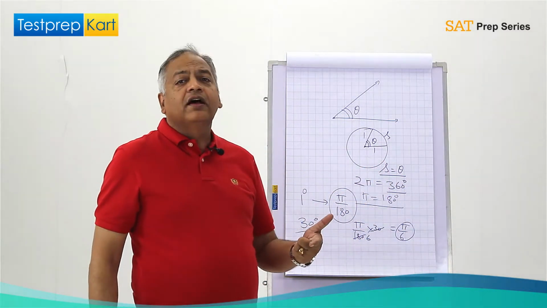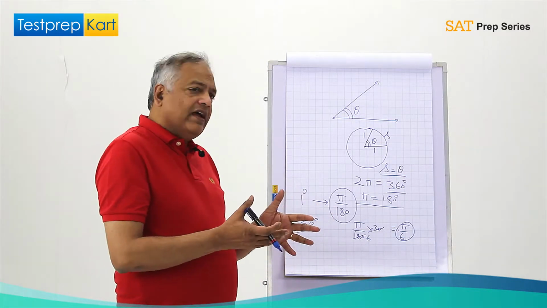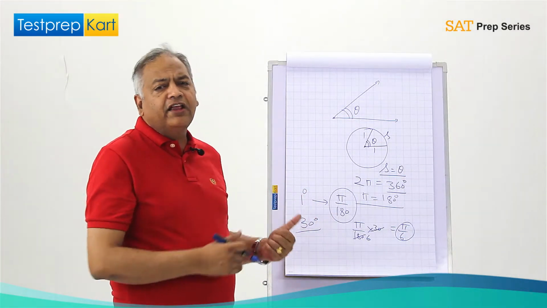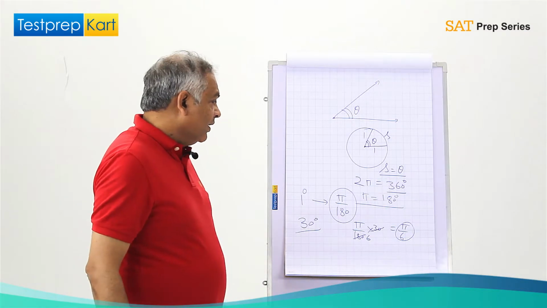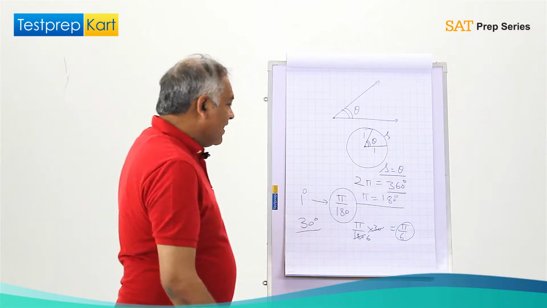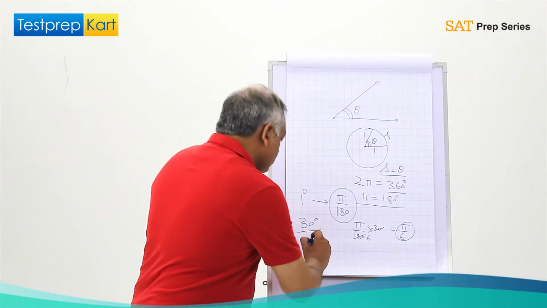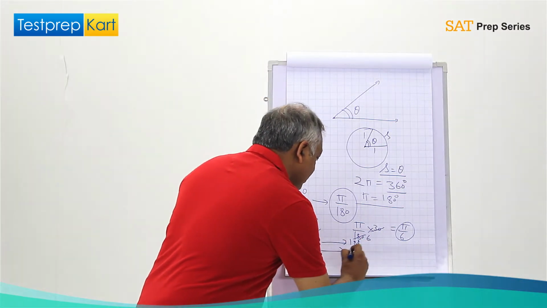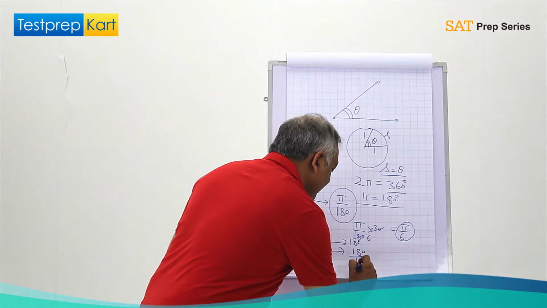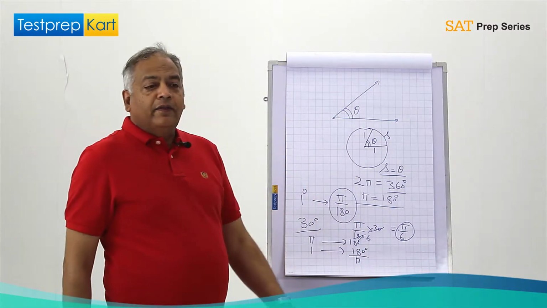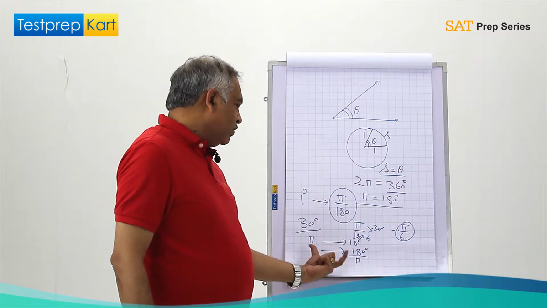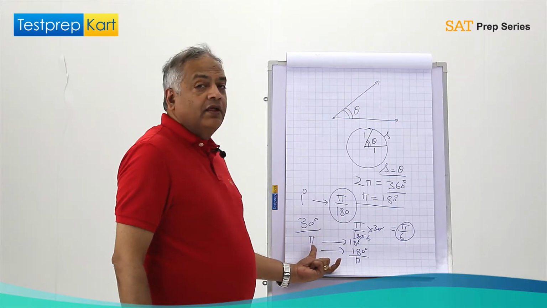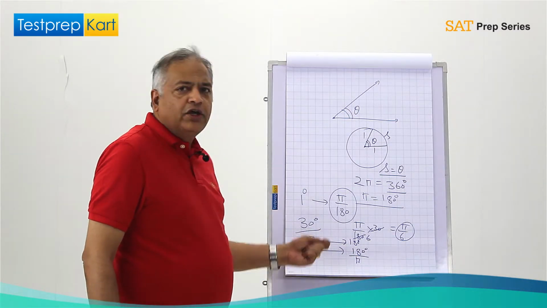Now, let's take another example where I have to convert radians into degrees. Pi is equal to 180 degrees. Pi radian is equal to 180 degrees. So, 1 radian will be equal to 180 by pi. This is the formula which we can use to convert radians into degrees.